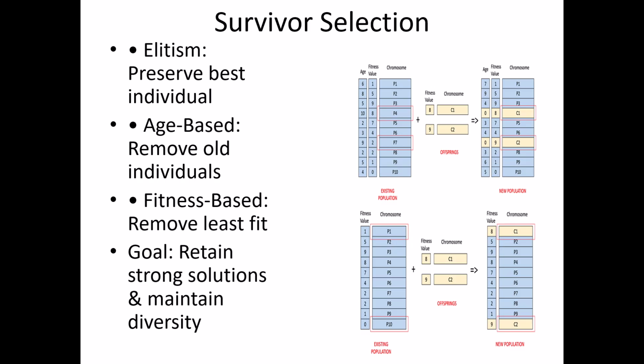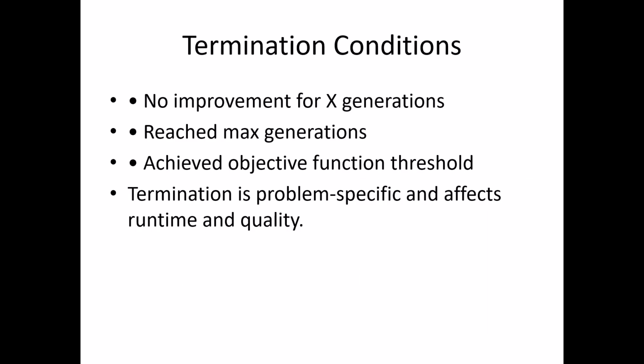That best individual survives, maybe up to the next 10 years or next 25 years. Next one is age based, removing old individuals, because maybe their lifetime is less than a year. And the next one is fitness based, removing the least fit. The goal is to retain strong solutions and maintain diversity.